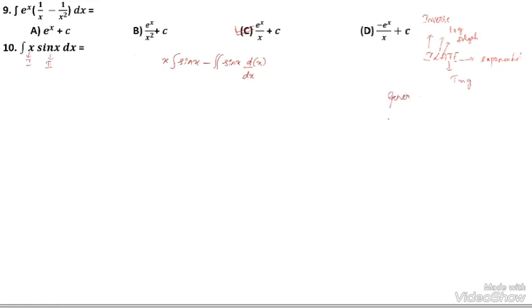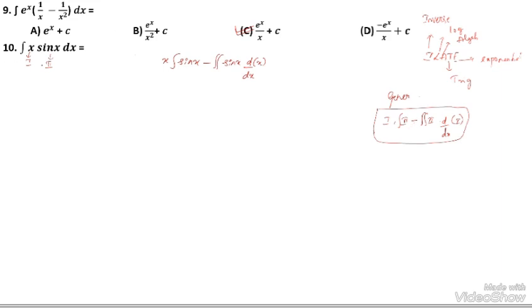This is the general rule for solving integration by parts.